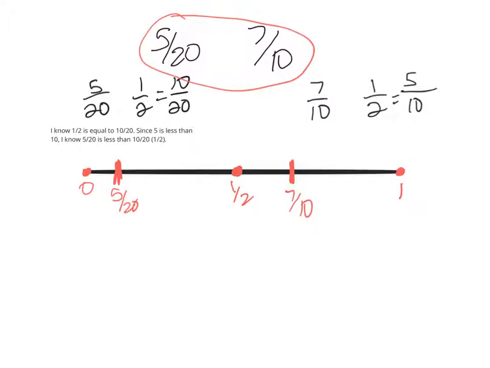And then our response for this, why did we place it there? Well, I know that 1/2 is equal to 5/10. Since 7 is greater than 5, I know 7/10 is greater than 5/10, or 1/2.